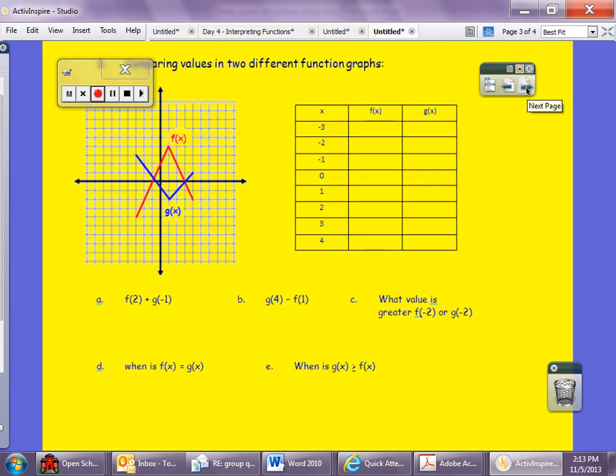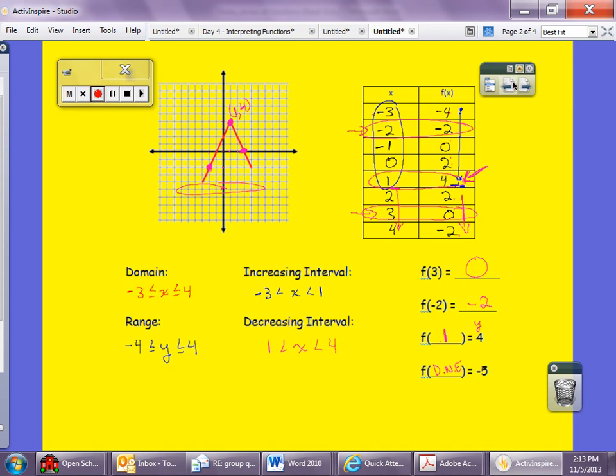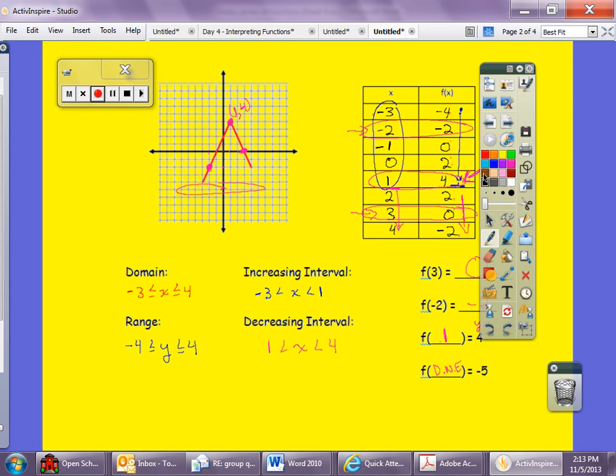Comparing our two graphs. Now we have two graphs, and we can actually just transfer the domain over from the previous problem because the red graph is the same exact graph. So we can just copy this entire thing down.